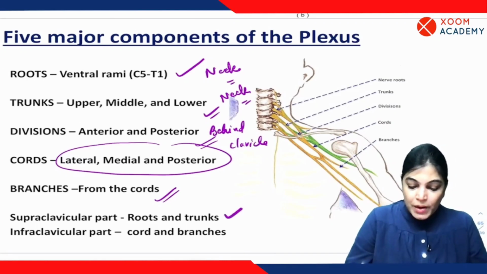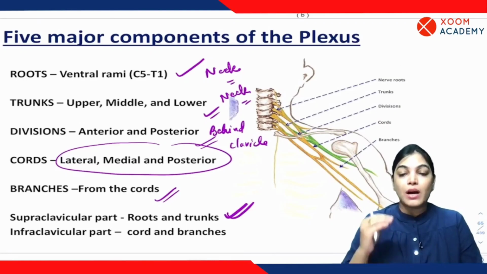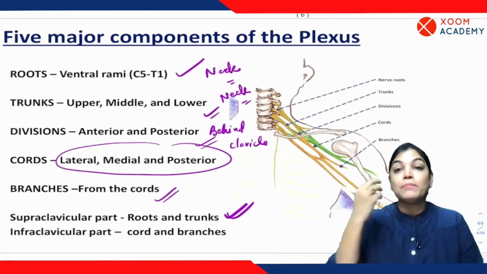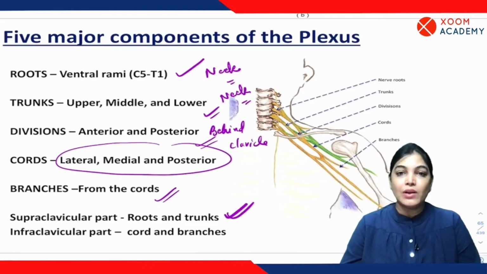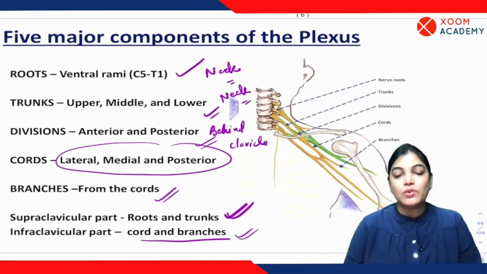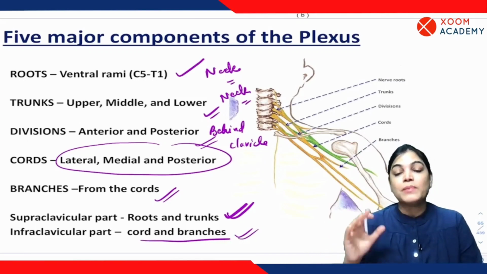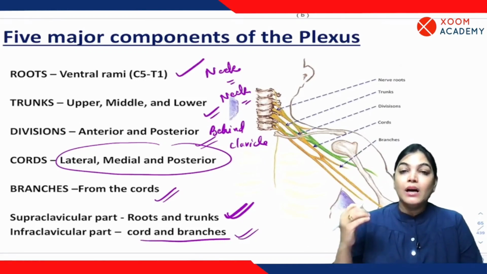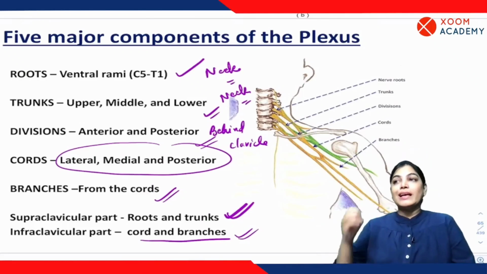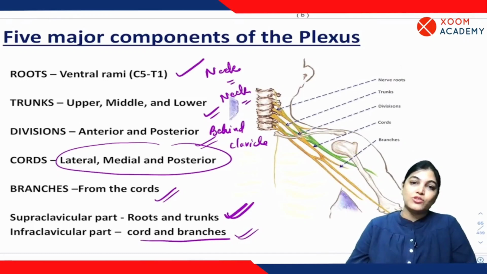That means the supraclavicular components of brachial plexus, lying above the level of the clavicle, are the roots and the trunks, and the infraclavicular components will be the divisions and the cords. Basically the division is exactly behind the clavicle. Below the clavicle will be the cords and their branches.